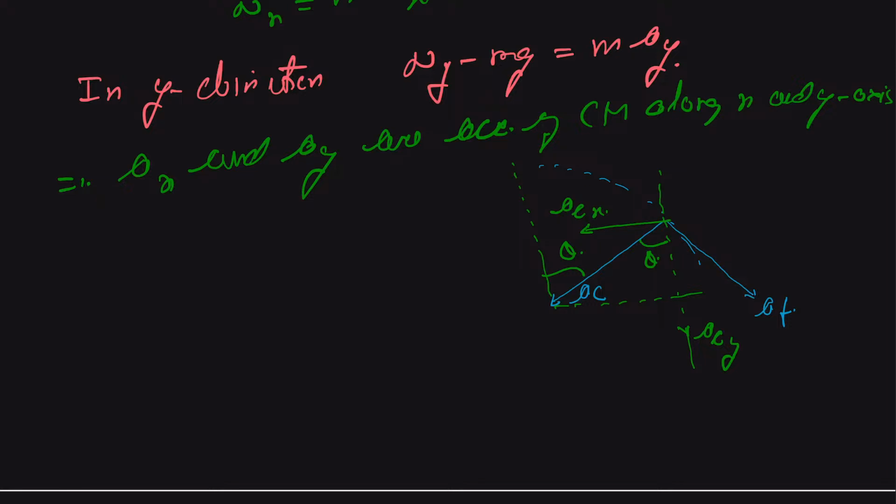Similarly, we can find the tangential component, and our tangential component will be AT of x, and in the downward direction we are going to have AT of y.